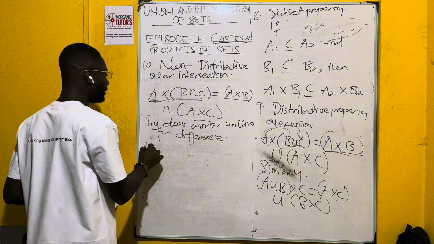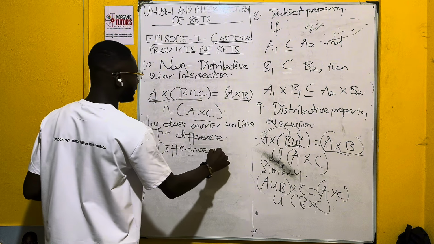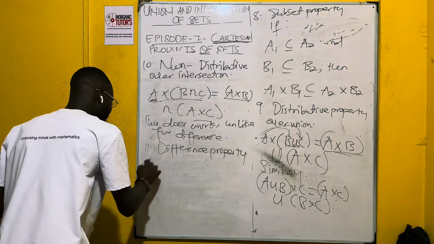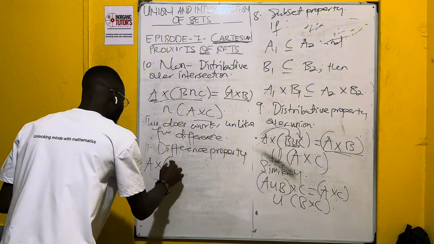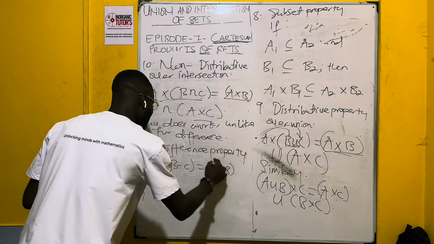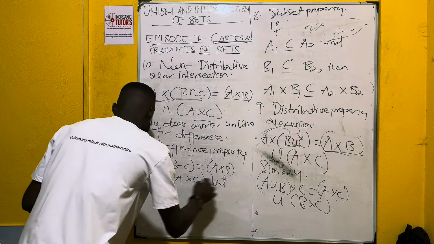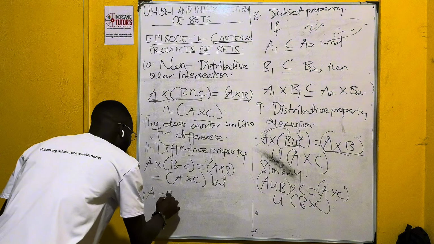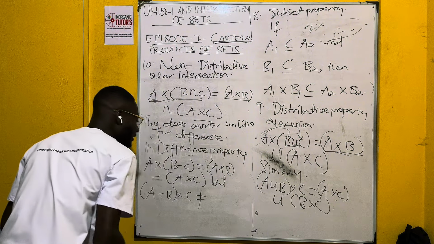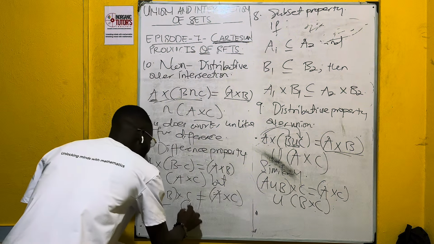All right. So the 11th property is the difference property. With the difference property, we have A cross (B minus C) is the same as (A cross B) minus (A cross C). But when you have (A minus B) cross C, this is not the same as (A cross C) minus (B cross C).